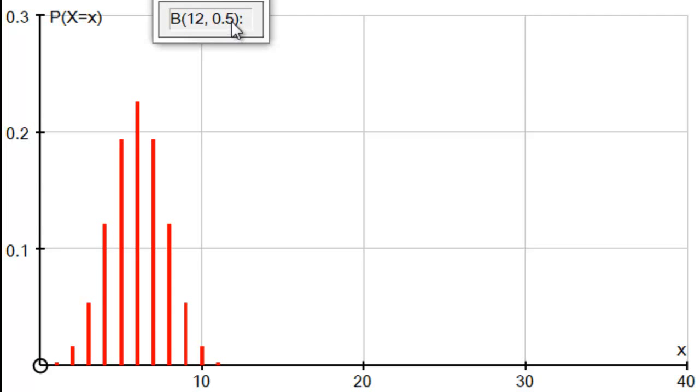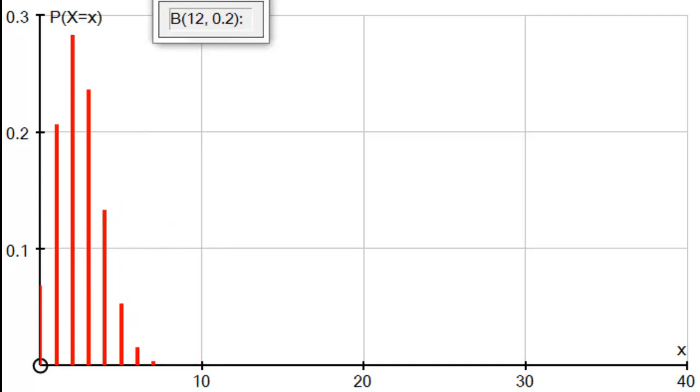Let's say we change it to 0.2. As you can see, the shape of the distribution changes. In fact, this particular distribution is positively skewed. So what happens now if we start to increase n?